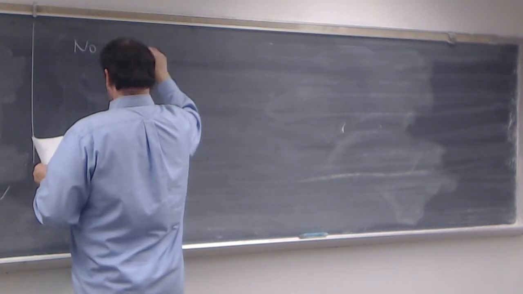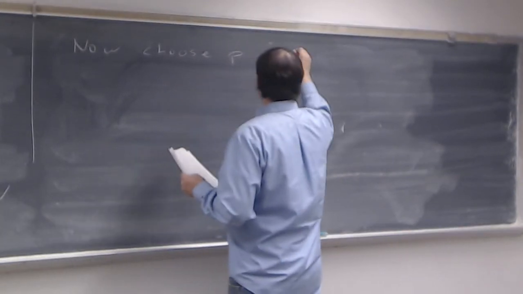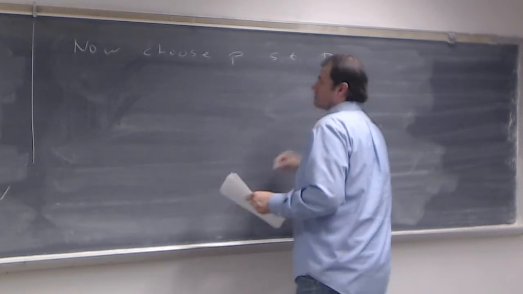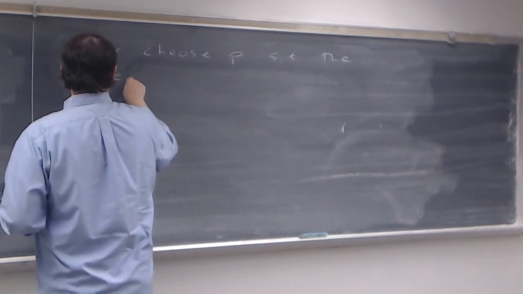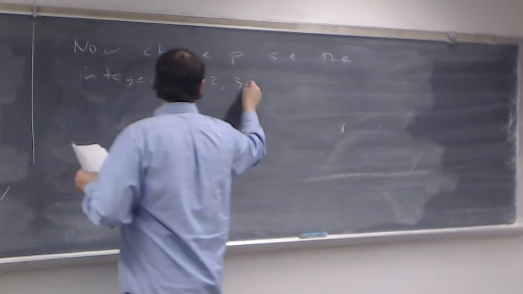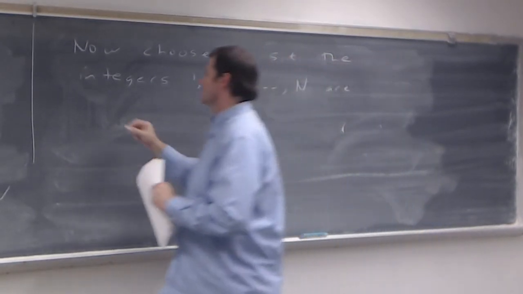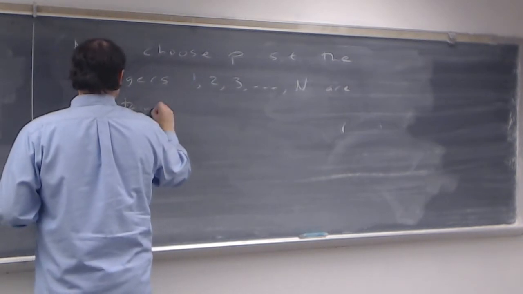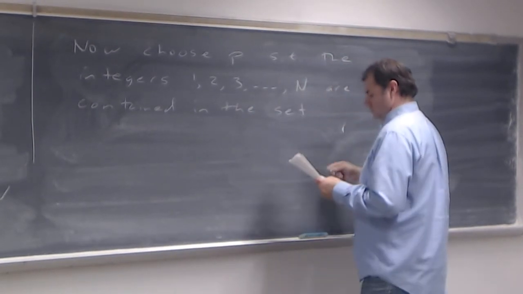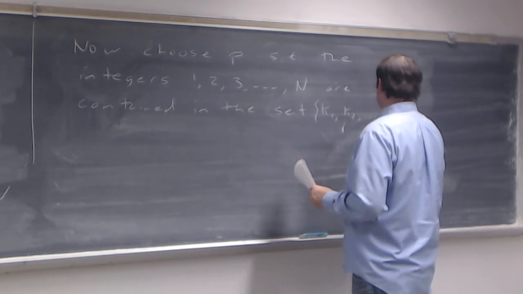Now choose p such that the integers 1, 2, 3, all the way up to big N are contained in the set k sub 1, k sub 2, all the way up to k sub p.